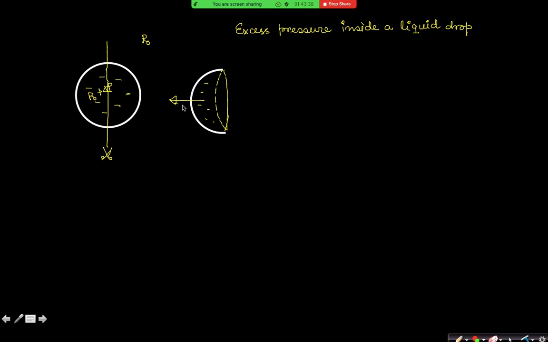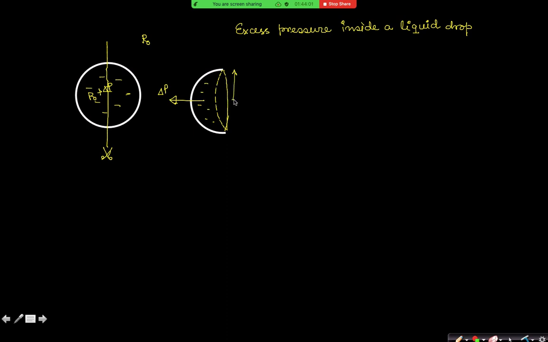Yes or no? What will be that force? Because the excess pressure I have assumed is delta P, which area should I multiply with delta P? Sir, your projection, pi r square. It's always the projection area that I will multiply.